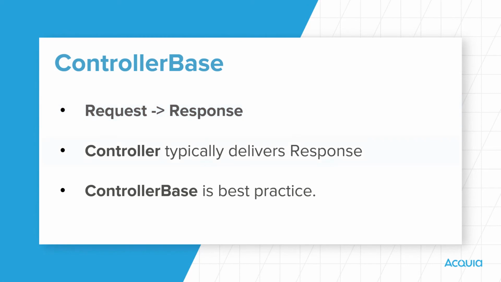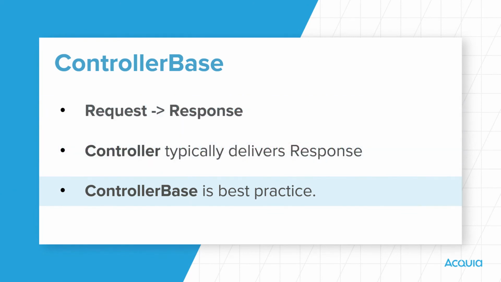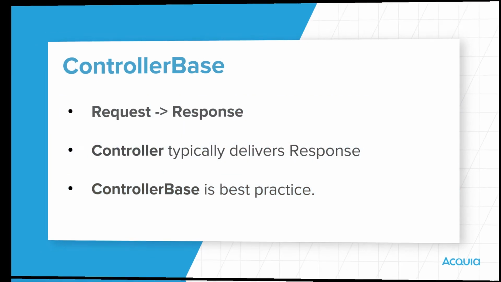The output is typically generated by a piece of code called the controller. Although a controller can be a PHP function, a method, or an object, in Drupal, the best practice is to use a controller class. When creating your controller, you will use the controller base to get access to some utility methods and the container, which reduces the amount of code written to get the result you need.